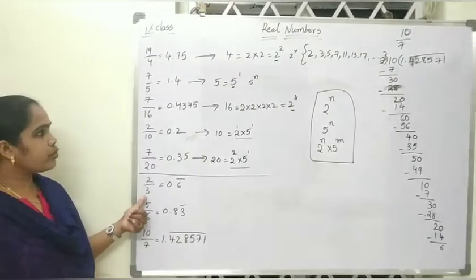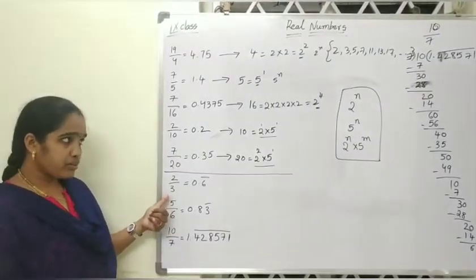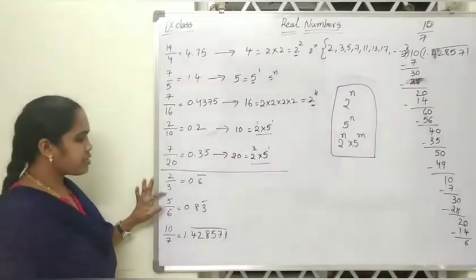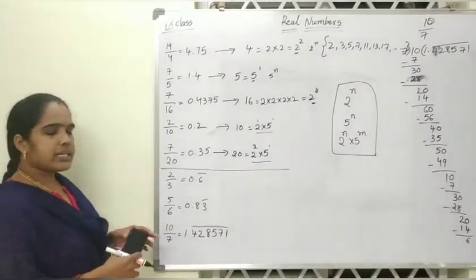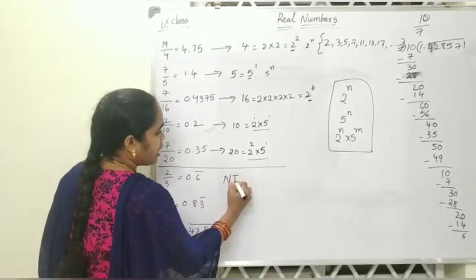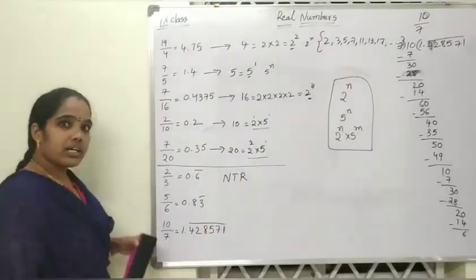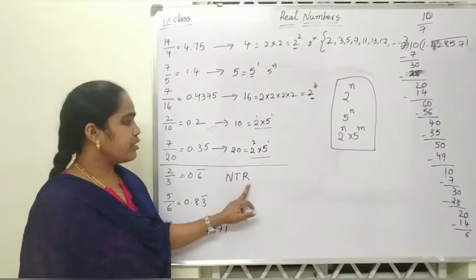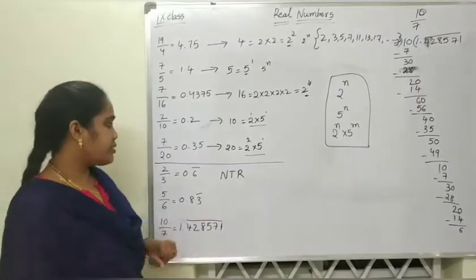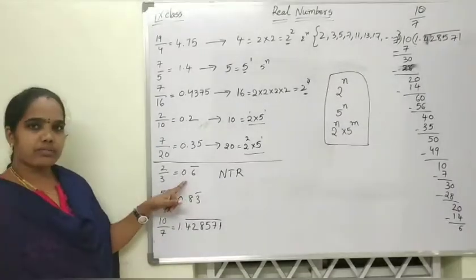So other than 2 power n, 5 power n, 2 power n into 5 power m, we can say without doing division that it is NTR. What is NTR? Non-terminating recurring decimal.